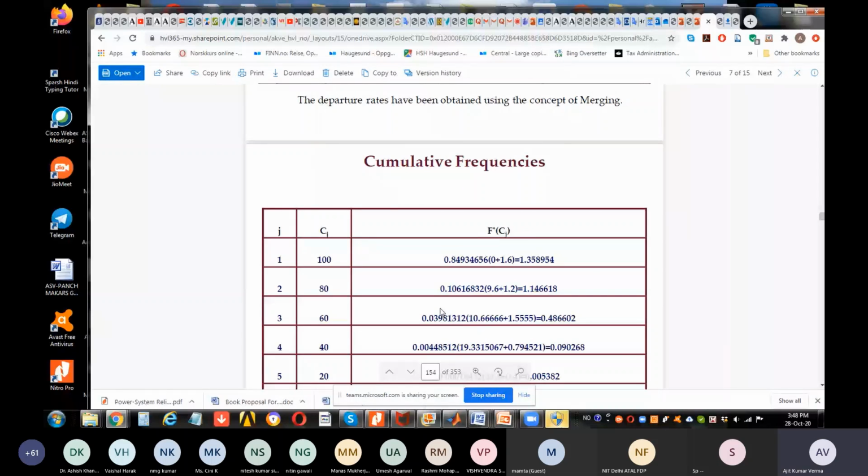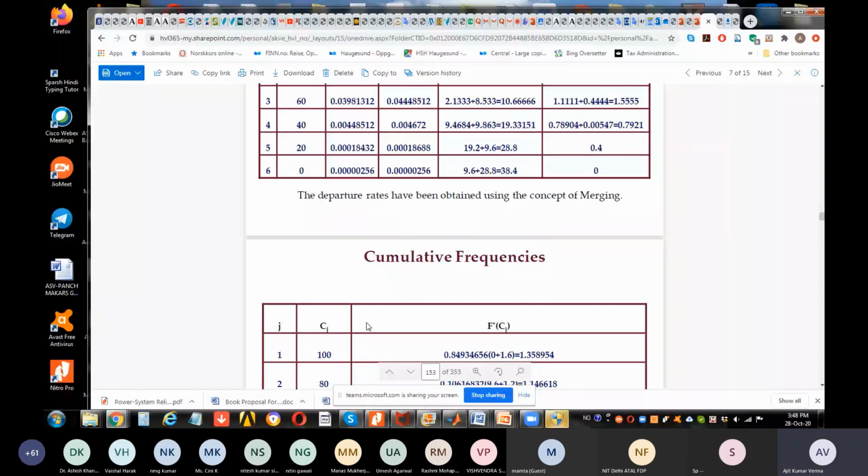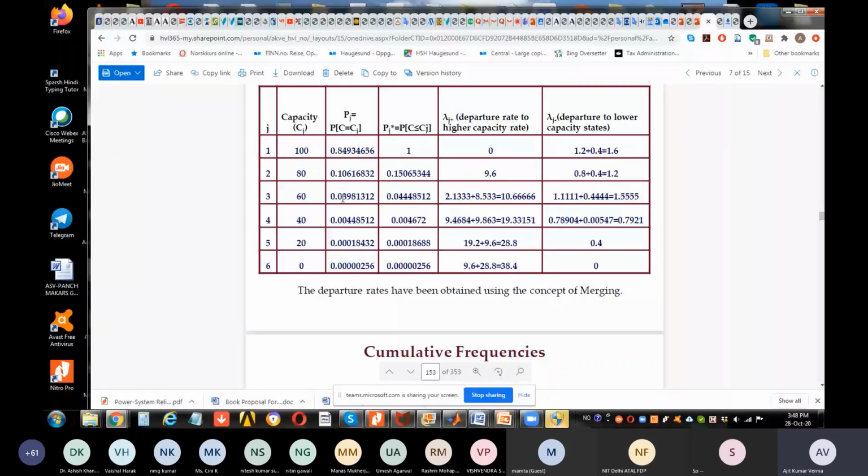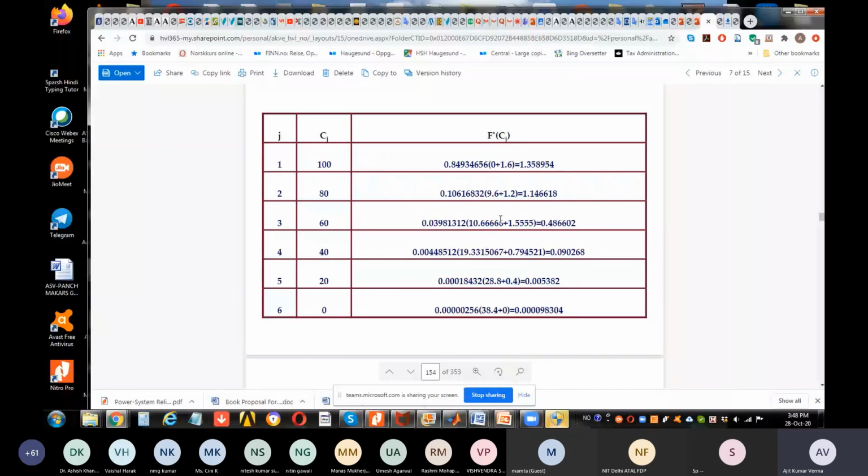Then you have states with 60 megawatt. The probability is 0.03981312, and these are the two departure rates, 10.666 and 1.555. So the departure to a lower state is 1.555. This gives you the frequency of encountering this state.